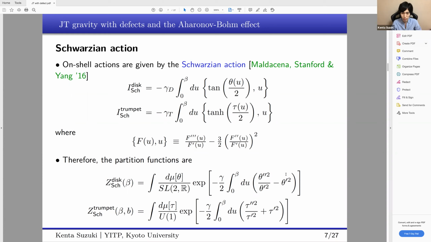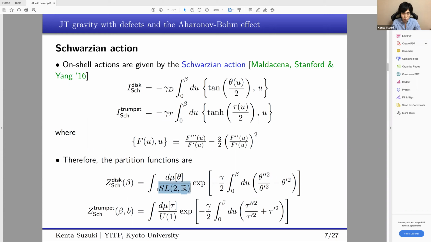For the action part, I explicitly expanded this Schwarzian derivative and did several integrations by parts to write down this expression. I'm not explaining in detail, but there is some measure factor also included by this mu here.